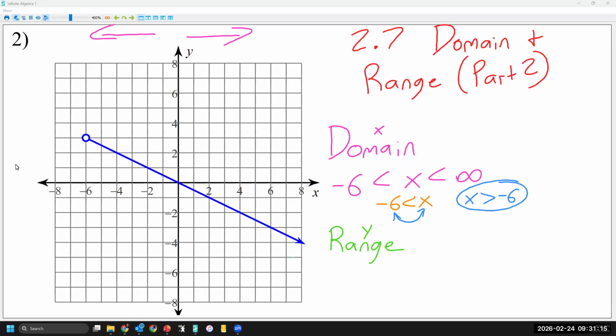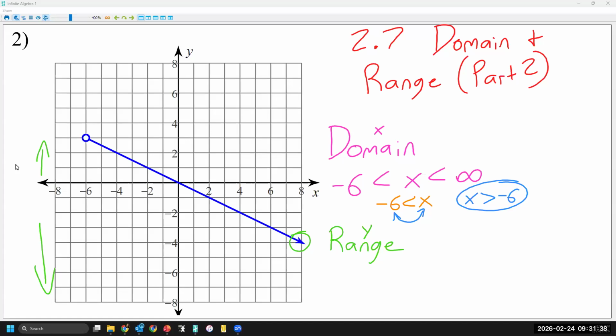Now let's look at the range. Let me erase some of my writing on here. Range isn't asking how far left and how far right it goes. Range is asking, how far down and how far up does it go? Let's start with down. That arrow's going down forever.